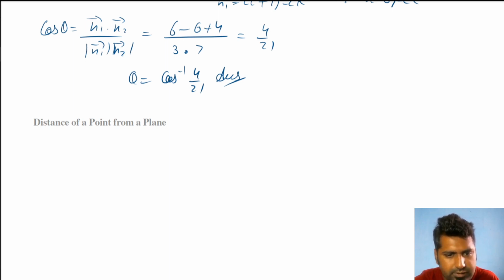Let's look at the form. Again, there are two forms, vector form as well as Cartesian form. In this particular thing, I'll suggest that you use the Cartesian form rather than vector form.